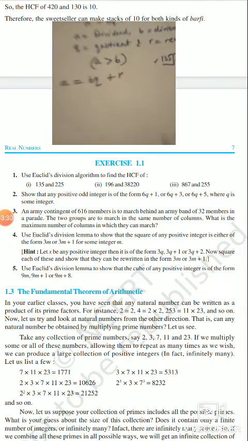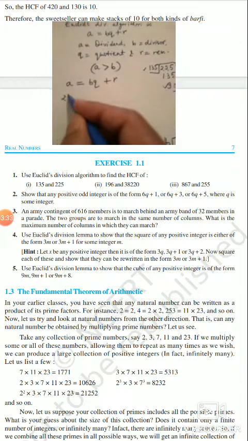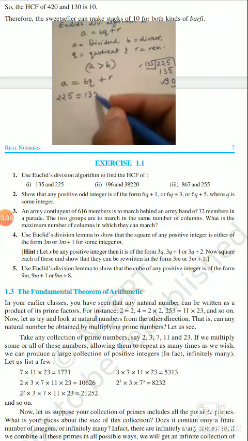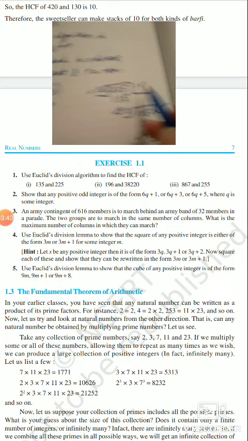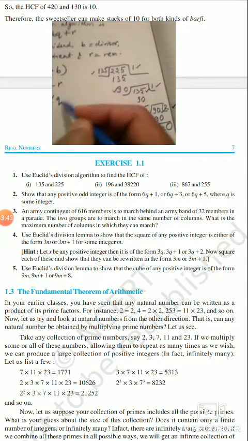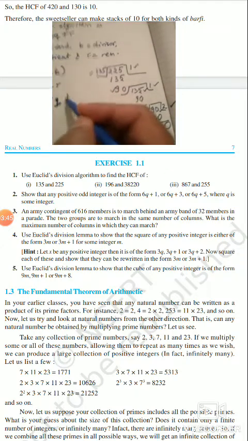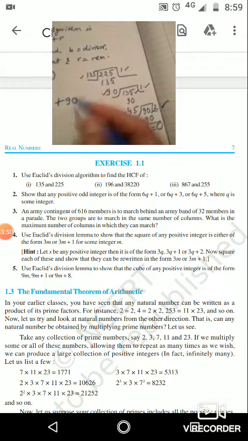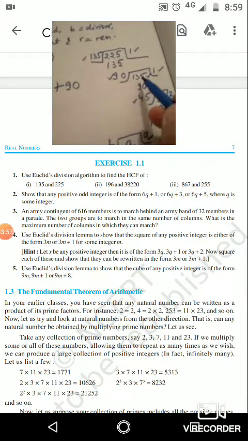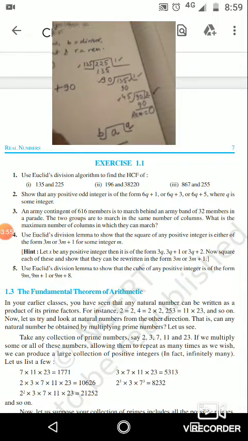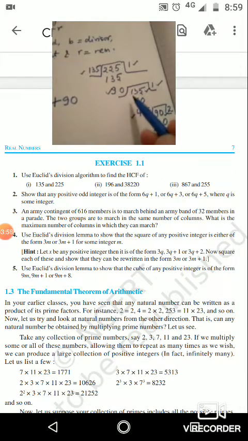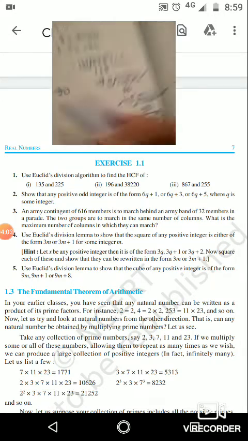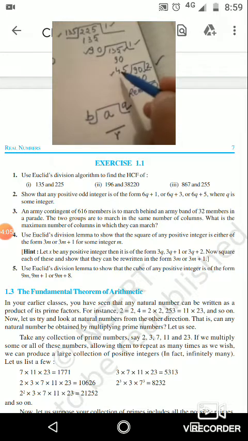Here I am going to write: first A is 225, and for that B is 135 into Q. First Q is 1, plus remainder R is 90. Now second A, dividend is 135, for that divisor is 90, Q 1 plus its remainder is 45.